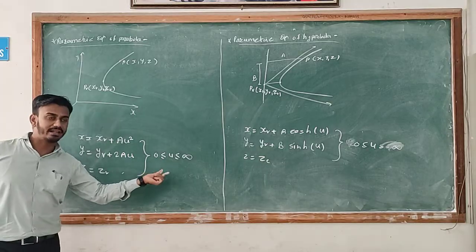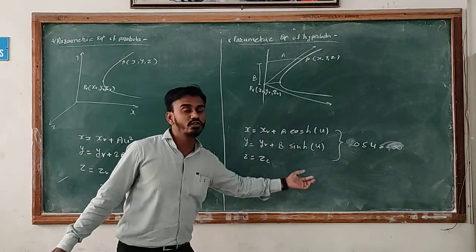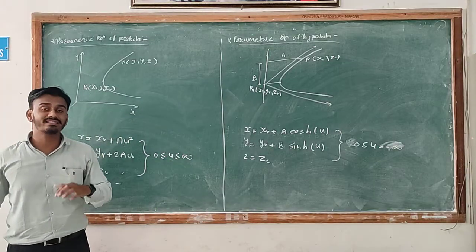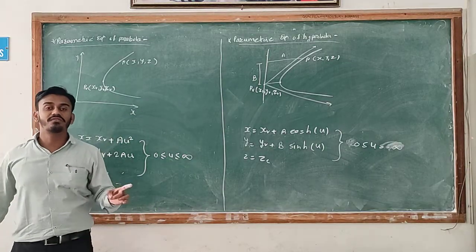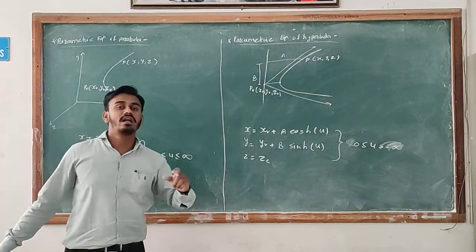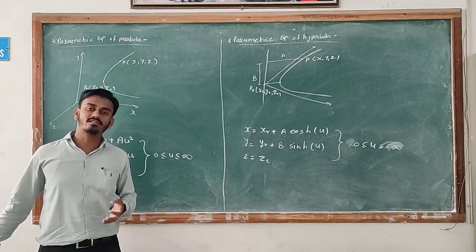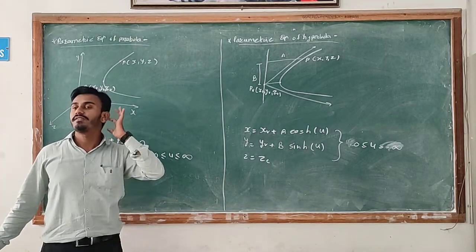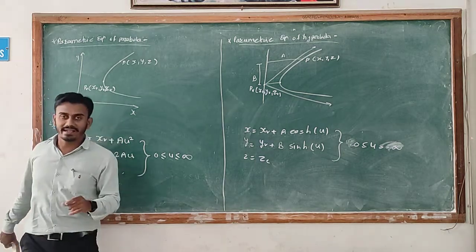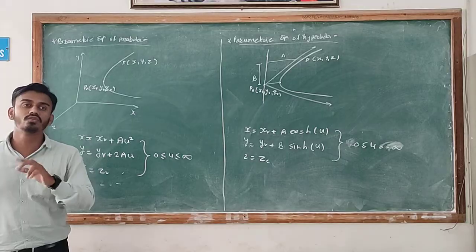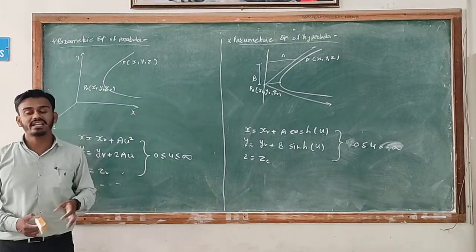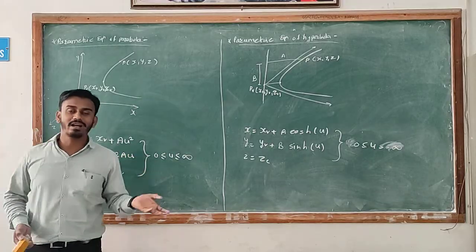The independent parameter u is varying from 0 to infinity in case of parabola and hyperbola. In case of circle or ellipse, the value of u is varying from 0 to 2 pi. And in case of line, the value of u is varying from 0 to 1. So this is the parametric equation of the ellipse, parabola, hyperbola.